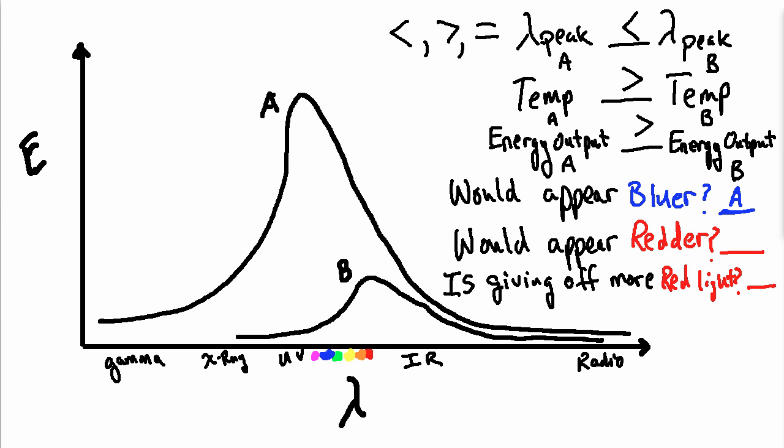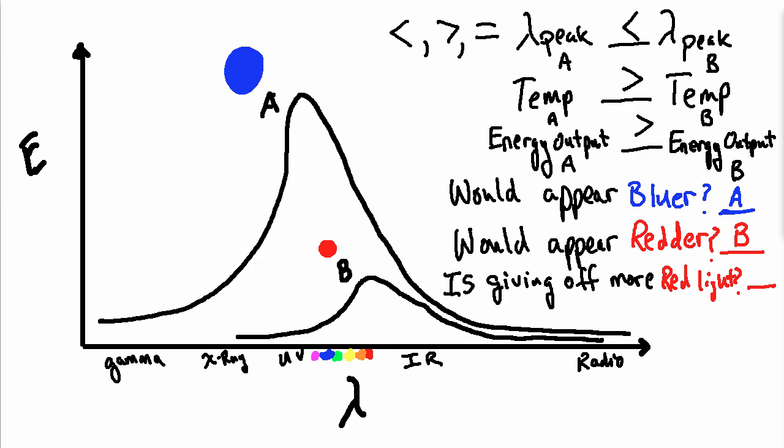And if we look at object B, we see that it's giving off most of its visible light at red wavelengths. So we would say that object B is red. So I'm going to draw in a little red dot for object B and a bigger blue dot for object A, indicating that object A would appear blue. It is hotter than the smaller red object that is represented by the light curve for object B.